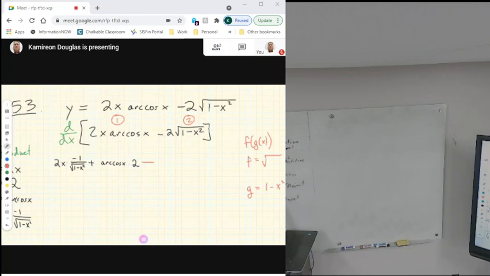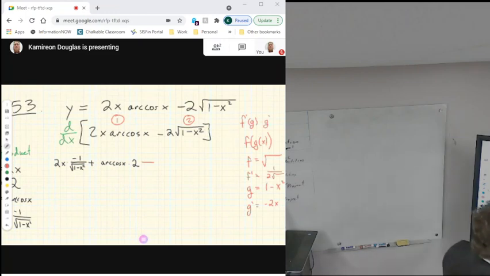So f prime, the derivative of the outer function, is 1 over 2 square root. I've done those so many times I have that one memorized. Otherwise, you turn it into a power to the 1/2 power, and then you take the derivative of that function, and you get the same solution. The derivative of 1 minus x squared, g prime, is negative 2x. So we take the derivative of this function. The derivative of a chain, as we recall, is f prime of g times g prime.